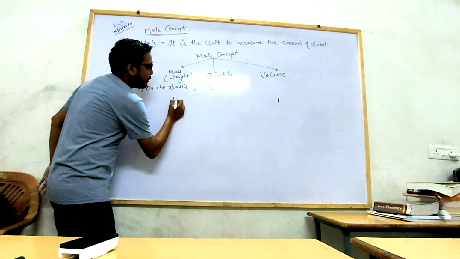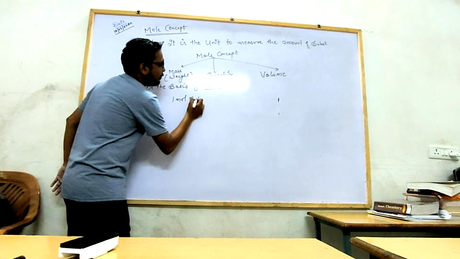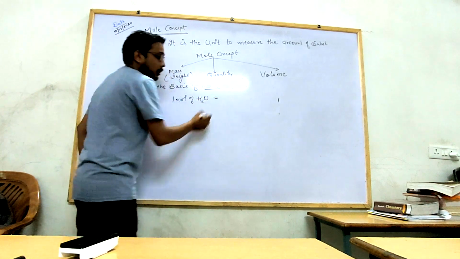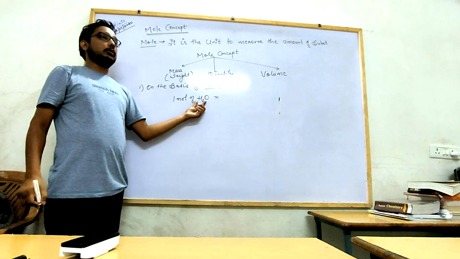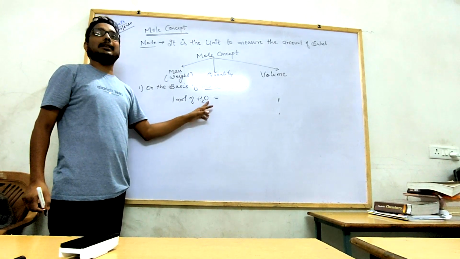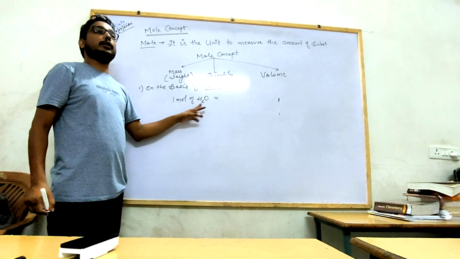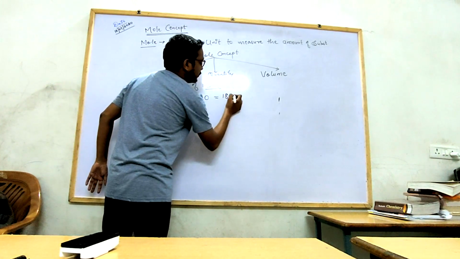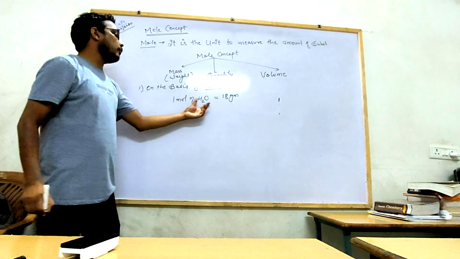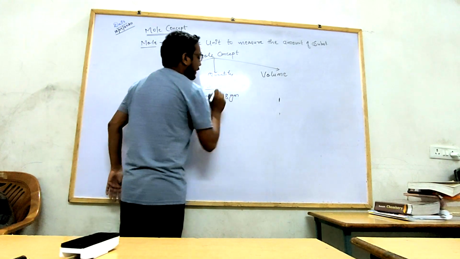So, for example, if I take 1 mole of water molecule, in this case we have to calculate the molar mass of water. Atomic mass of oxygen is 16 and hydrogen we will take 1 into 2. So you will get 18 gram. So 1 mole of water contains 18 gram.